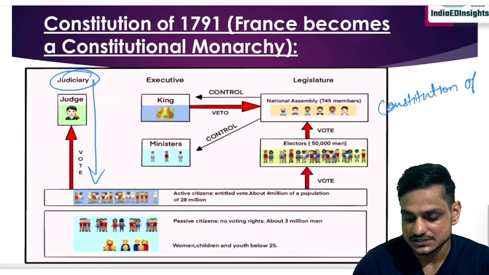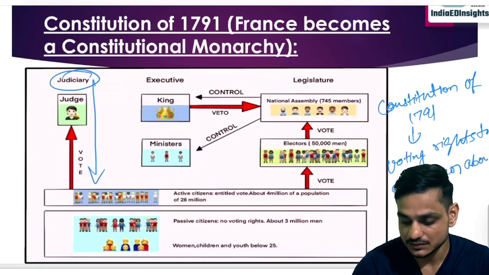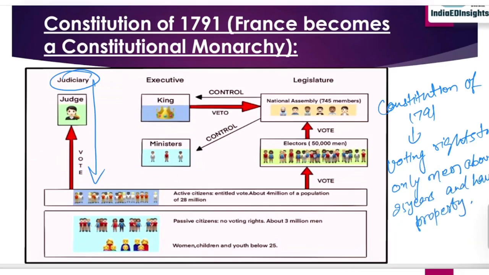First, you have to remember the Constitution of 1791 provides voting rights to only men above 25 years and who have property.